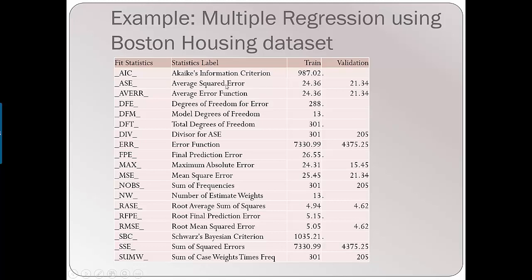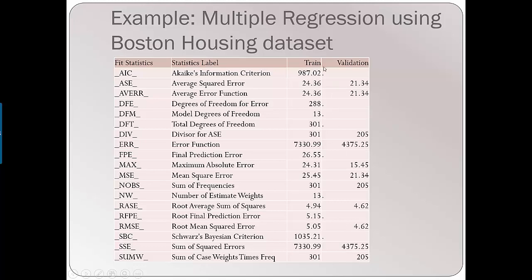So you have average squared error, average error function, which is the same as average squared error, maximum absolute error and mean square error. We talked about that. Okay, so you have the trained set and the validation set. And then root mean squared error, sum squared error.